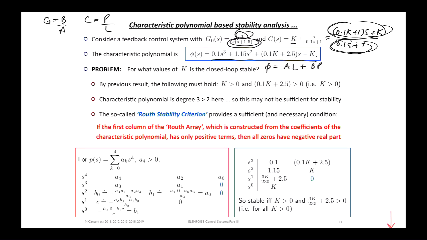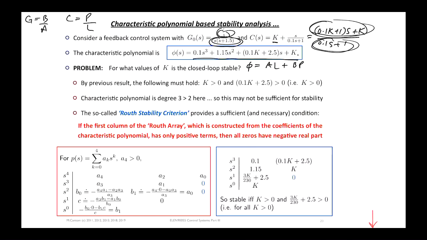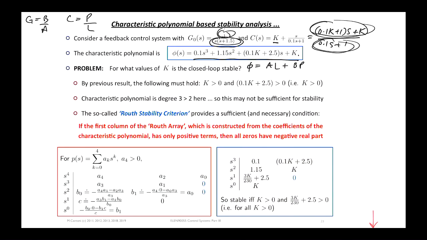Okay. So the first step in knowing how to apply it is being able to build this array. And it really is just an array that's built out of the coefficients of the polynomial. So let me just show you how to build this array.